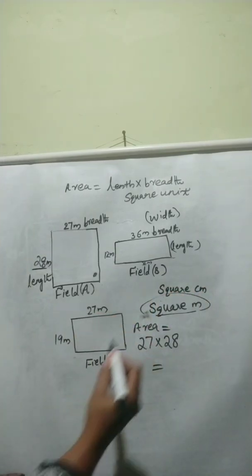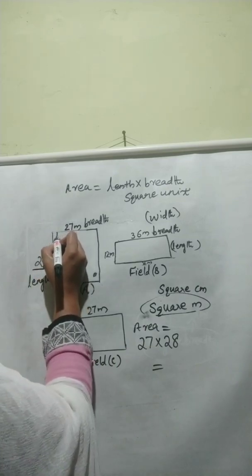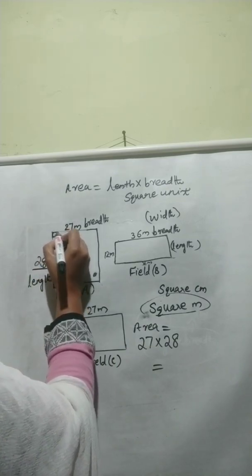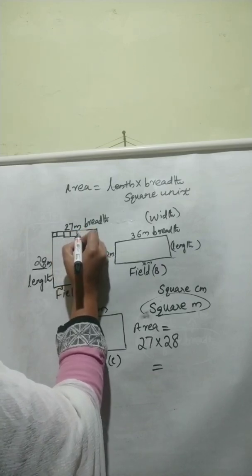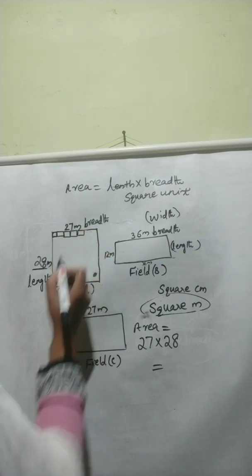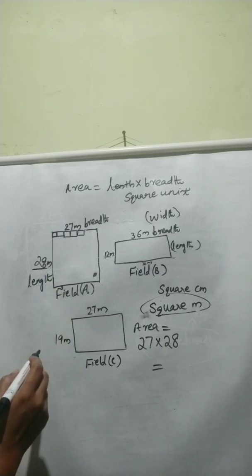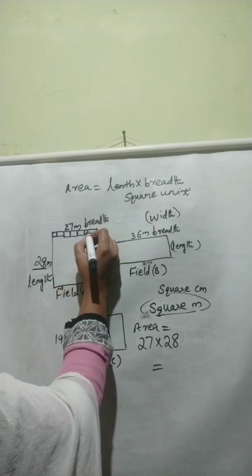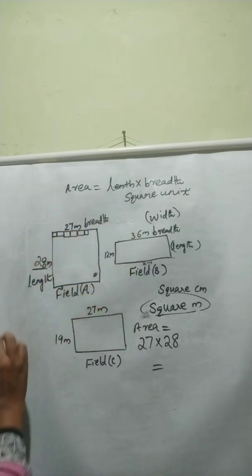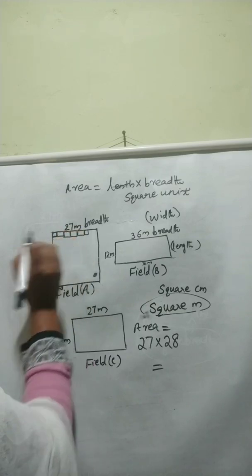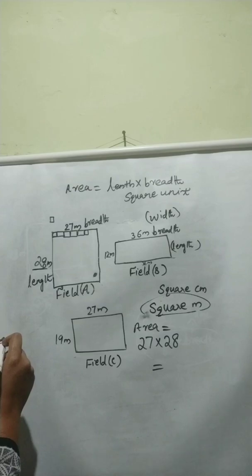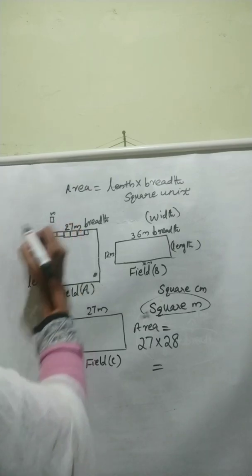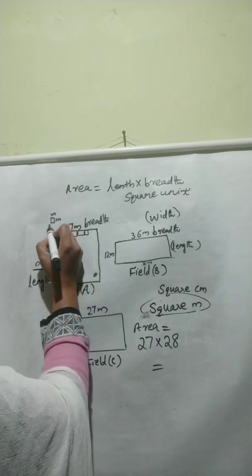That means actually, what is area? How many squares can we draw here? Here this is 27 meter and here this is 28 meter. So how many can we draw? Anyways 27 are needed. This is a square, all sides are equal, so each side needs to be 1 meter. Here also 1 meter, here also 1 meter.